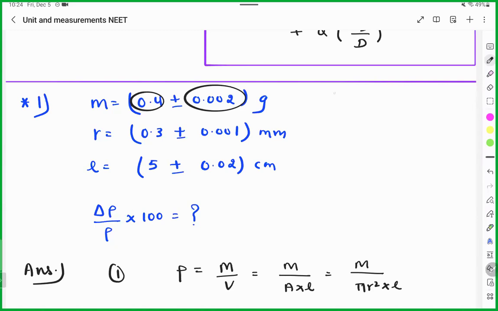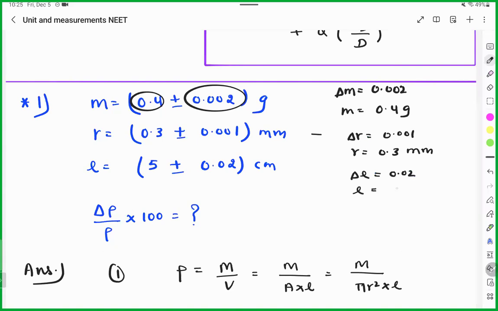So we'll see that delta m value is equal to 0.002 and m value is 0.4 gram. Same here. Delta r value is 0.001 and r value 0.3 millimeter. Remember millimeter, not centimeter. And delta L value same way, 0.02, and length value 5 centimeter. Tell me guys, anybody have doubt?